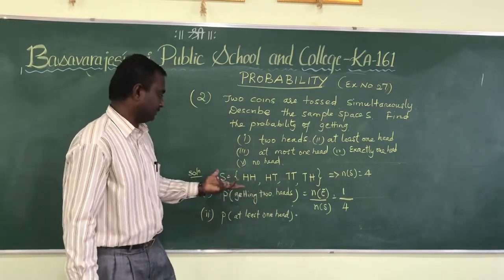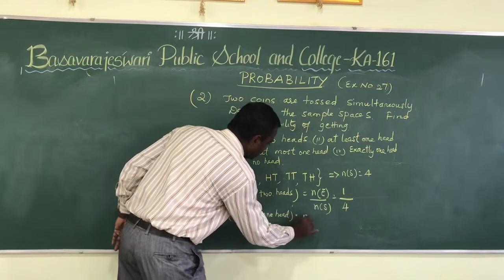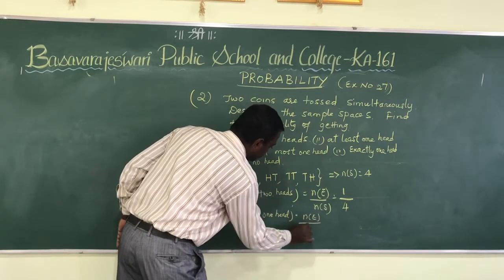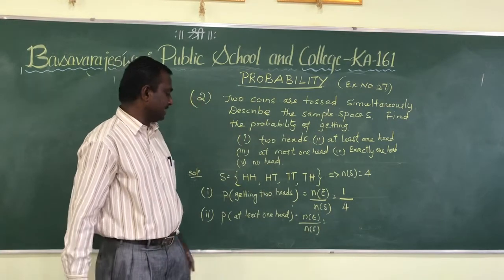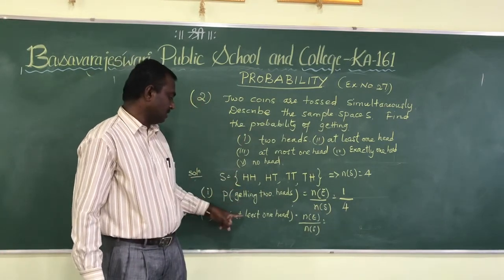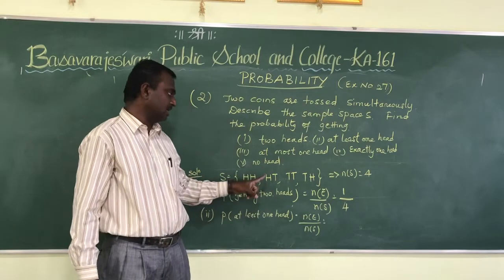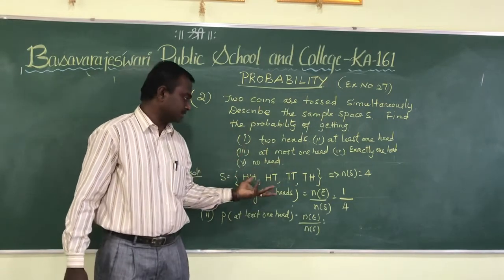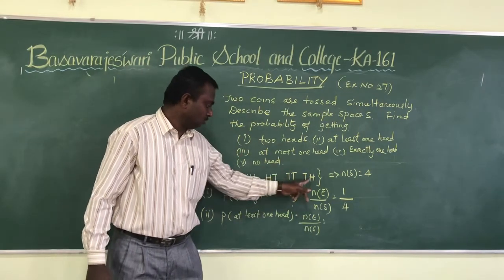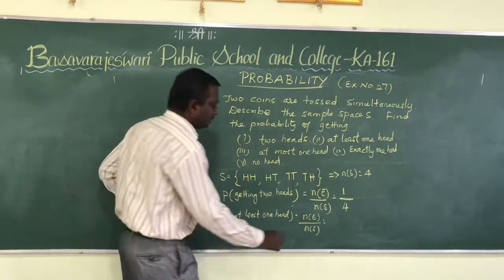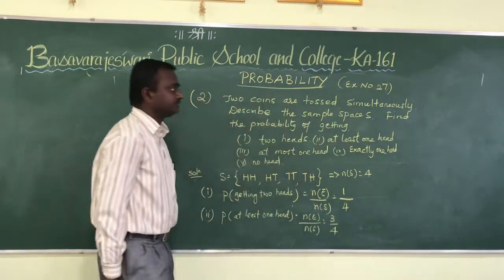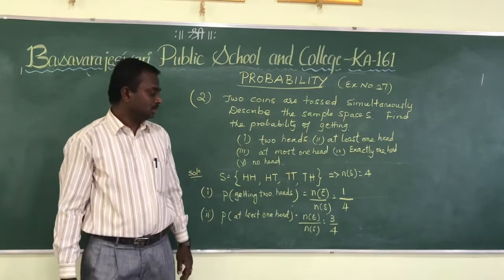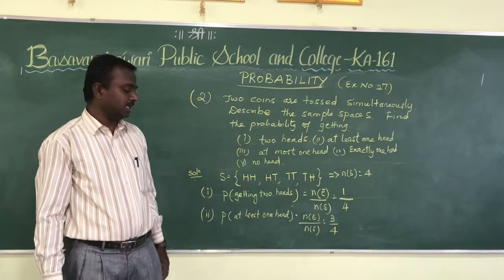So that is the formula n of E by n of S. So how many such events will occur here? At least one head means minimum one head, maximum two heads. So 1, 2, 3. Therefore, what is the answer here? 3 by 4. So this is the answer for the second.